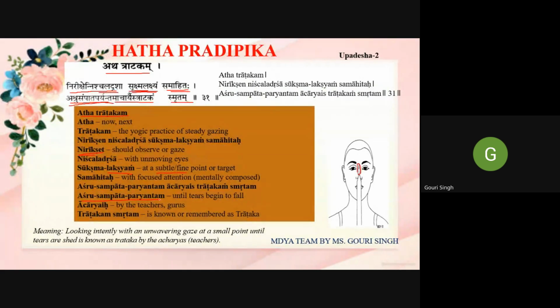Whenever you look at a particular point until tears come in your eyes, that is said by the teachers, the gurus, to be Tratakam Smrutam. Acharya means the teachers or gurus are telling that this practice is called Tratak.